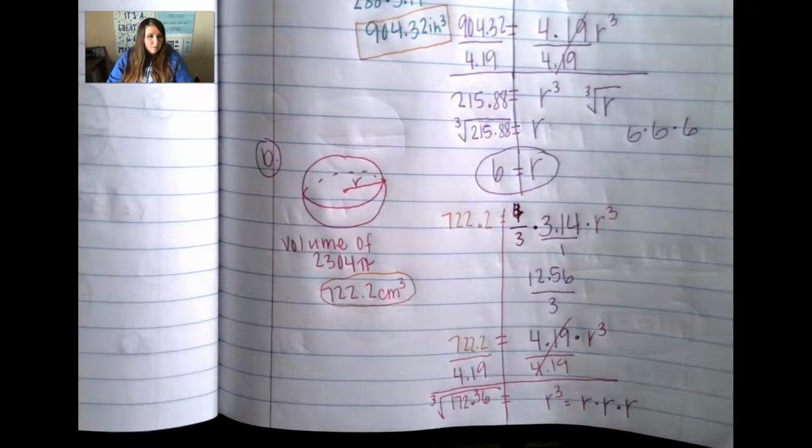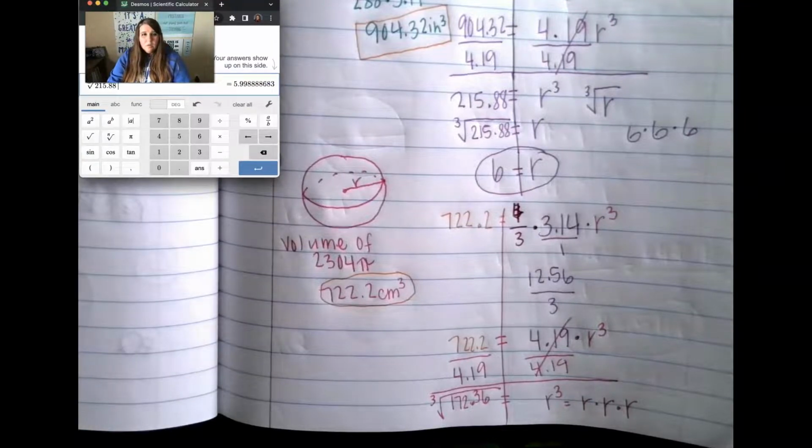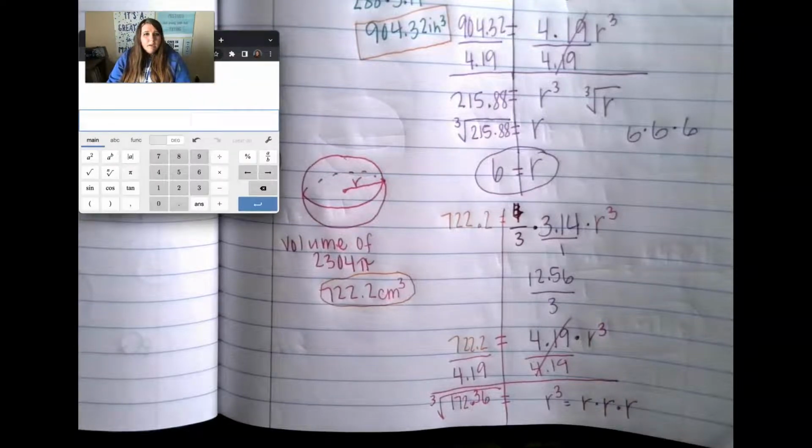switching calculators. And so let's clear this out. And I have 722.2. Oops, what did I do? That is not correct.